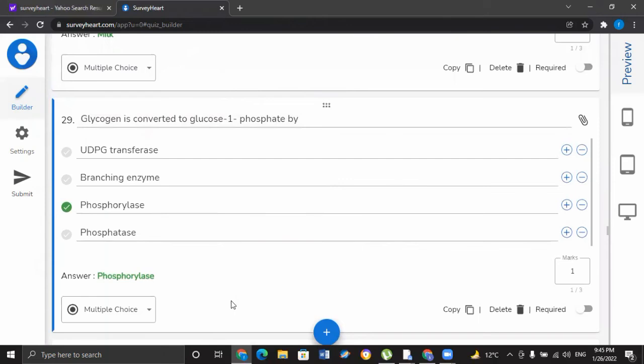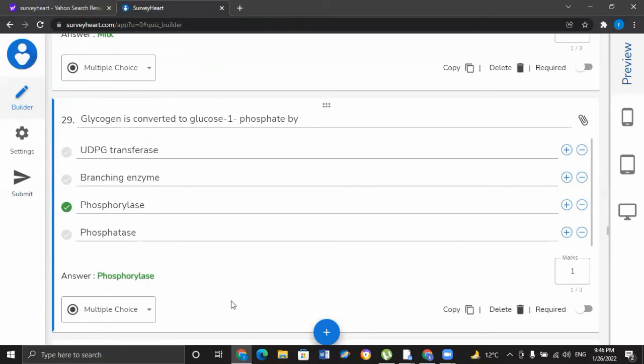Now, the glycogen you have is being converted into glucose 1 phosphate by using an enzyme known as phosphorylase. Phosphorylase is the enzyme that is used for the breaking of alpha 1,4 linkage, and debranching enzyme is involved in the breaking of alpha 1,6 linkage. It catalyzes the addition of a phosphate group into the glycogen and then converts it into glucose 1 phosphate.